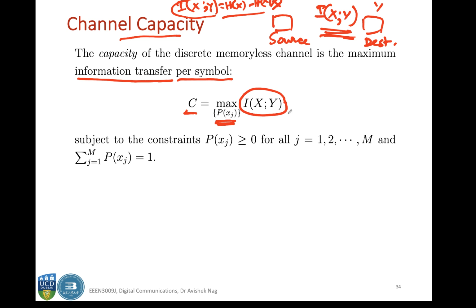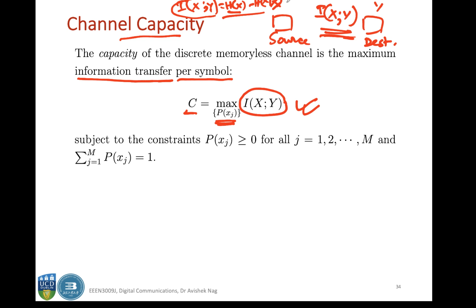This term I x y, the mutual information, is basically a function of all the probabilities. I x y is hx minus h of x given y, and hx and h of x given y are entropies, and at the end of the day these entropies are nothing but functions of the probabilities, because the definition of information can be written in terms of the log of the probabilities, and the entropy is nothing but the average information.